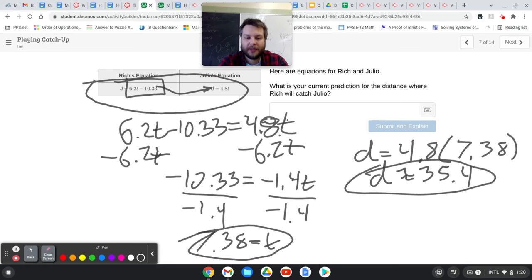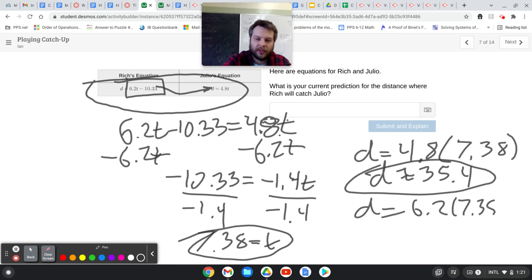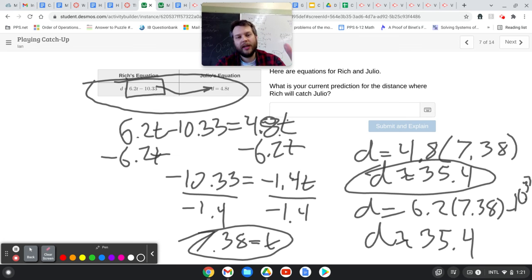Now I want to double check my answer, so I take those values and substitute it in to the other equation, 6.2 times 7.38 minus 10.33. And I get again, d is approximately 35.4.